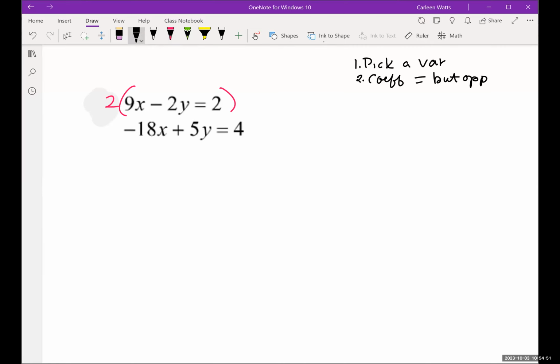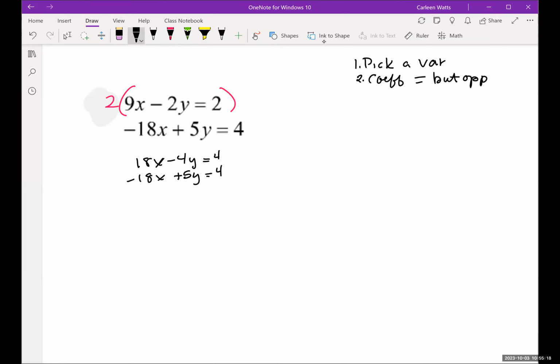Okay. So when you multiply one thing, in order for it to maintain its equivalency, you have to do everything, both sides. So we have 18x minus 4y equals 4, and -18x plus 5y equals 4.